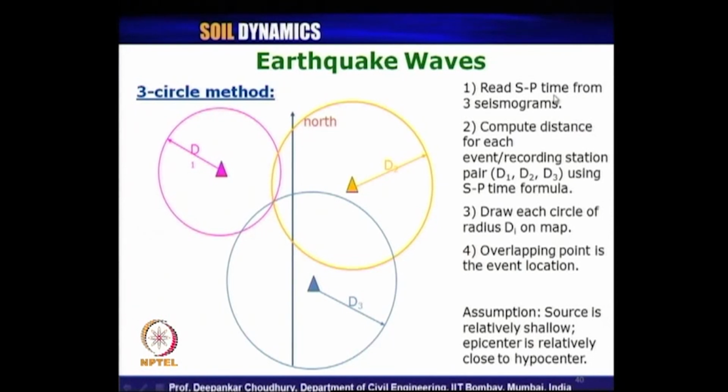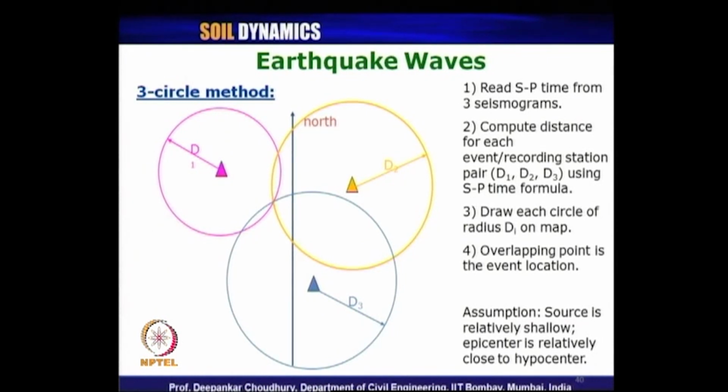Read S minus P times from a minimum of 3 seismograms, that is from 3 seismic stations wherever you have recorded both P wave and S wave, you get the value of this S minus P time. Then compute the distance of the event from each recording station using that S minus P formula which we have studied just now.